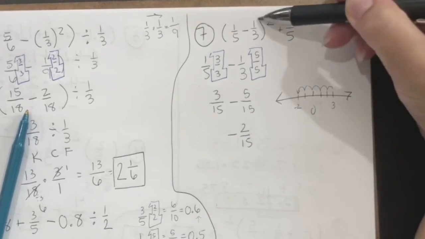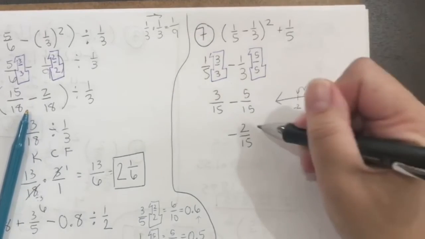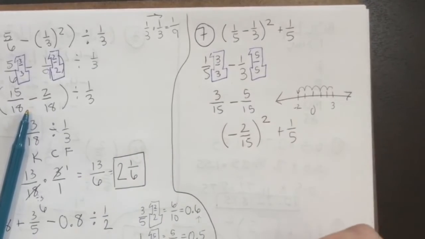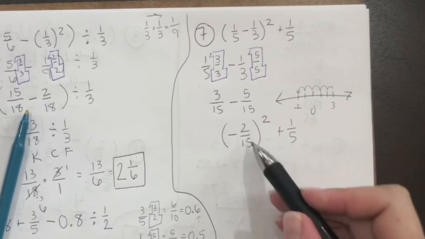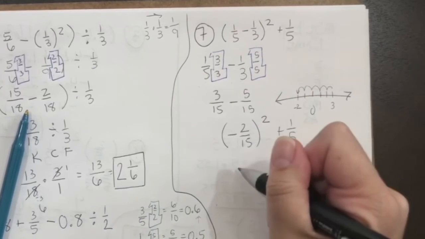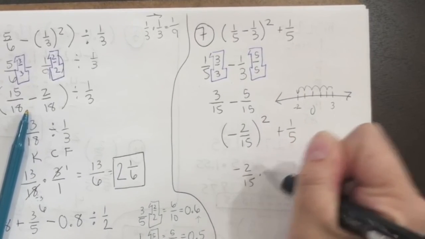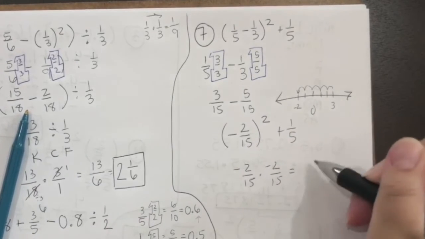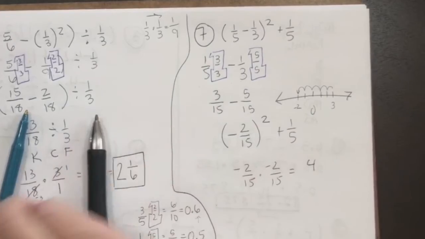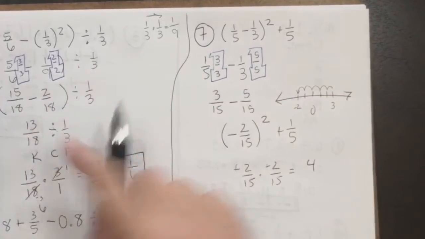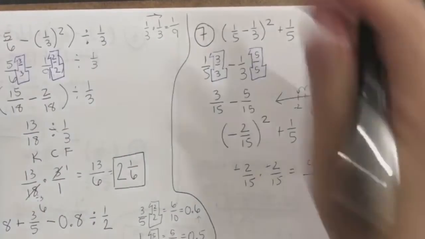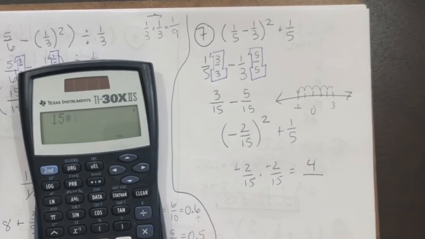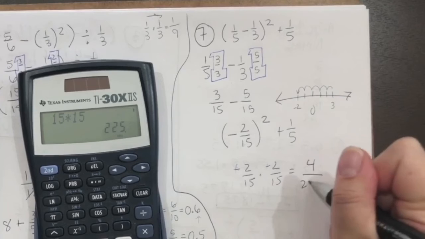All right, let's look back up here. All of that is going to be squared, and then at the end we'll add 1/5 to that. So negative 2/15 squared is negative 2/15 times negative 2/15. 2 times 2 is 4, and the negatives cancel out, so that'll become positive. 15 times 15 is 225.